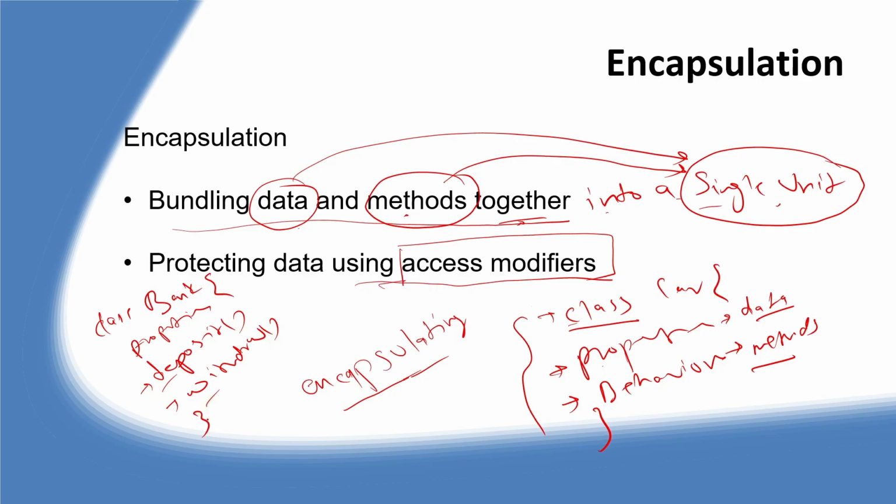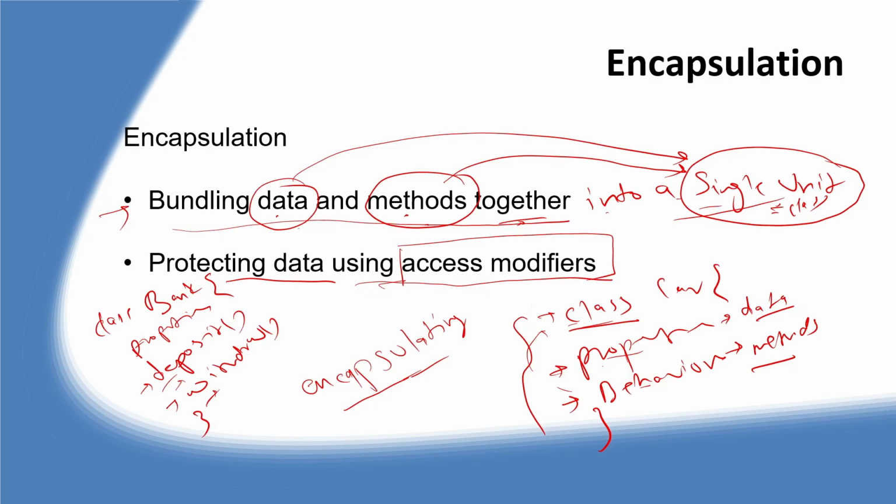Only a particular user can use this method or behavior. So that's how it is protecting data. We'll understand better in examples. But for now, understand that encapsulation means binding data and methods into a single entity called class. So we are binding properties and behavior into a class. This concept is called encapsulation.